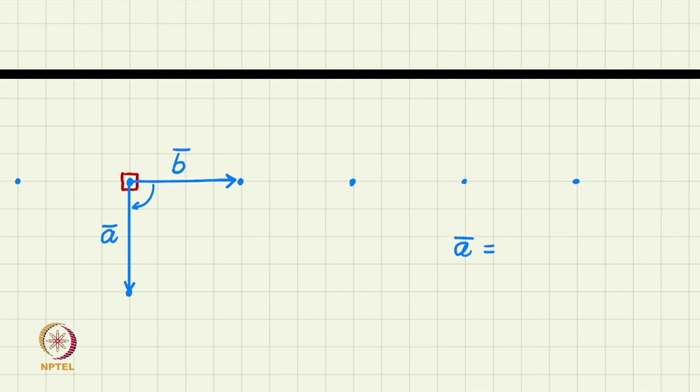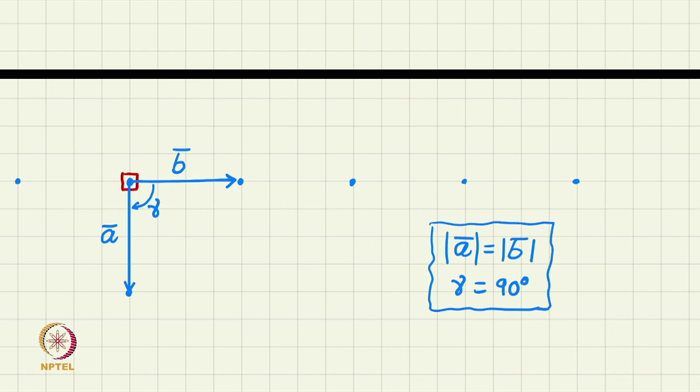If I want fourfold, A and B should be of the same length, and the angle between A and B is gamma. Gamma also is now no more arbitrary, gamma has to be 90°. So, these two constraints are there on the lattice parameters if we wish to have a fourfold axis.